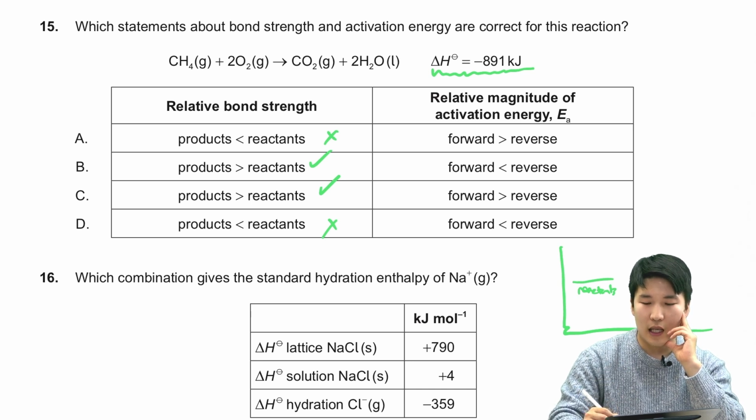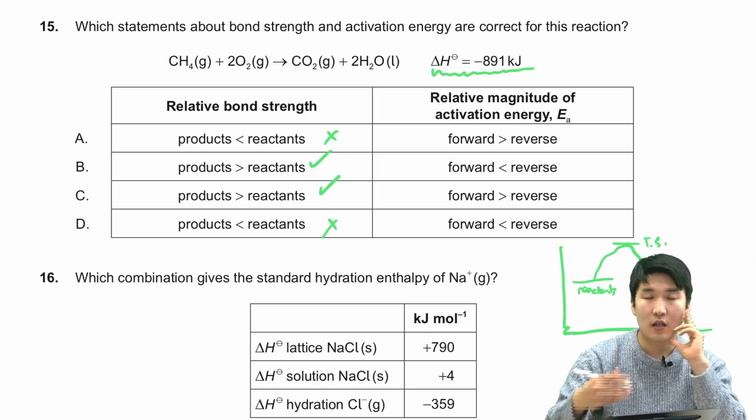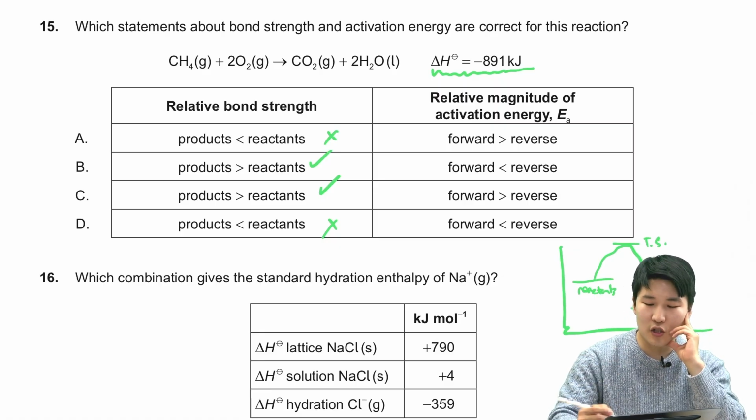We will hit a transition state. Let's call this TS. There will be a curve to show the change in enthalpy, energy state. Let's label the axis as enthalpy or energy. The x-axis, reaction progress.